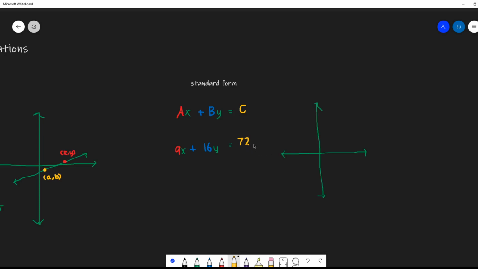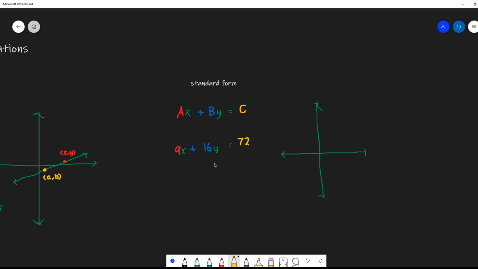Now, in order to find the x and y intercepts, it becomes very easy. You just set one of the coordinates equal to 0 to find the other one's intercept, and then after doing that, you can solve for that coordinate.